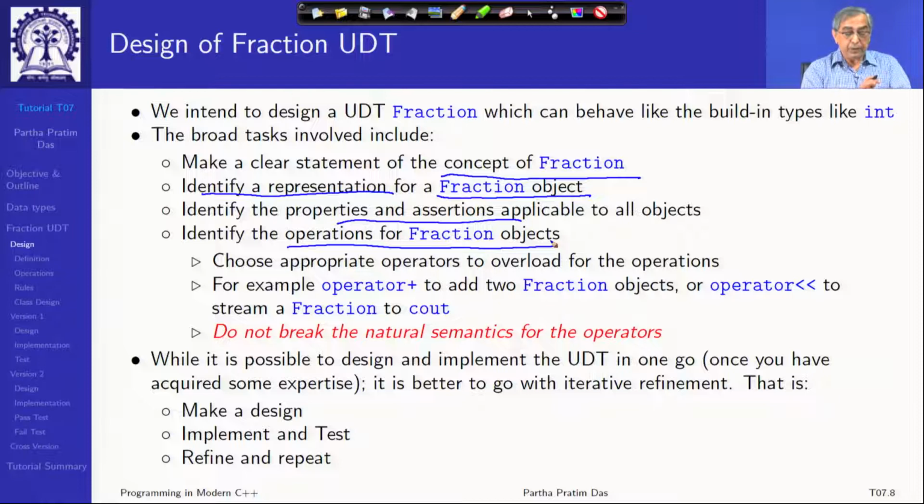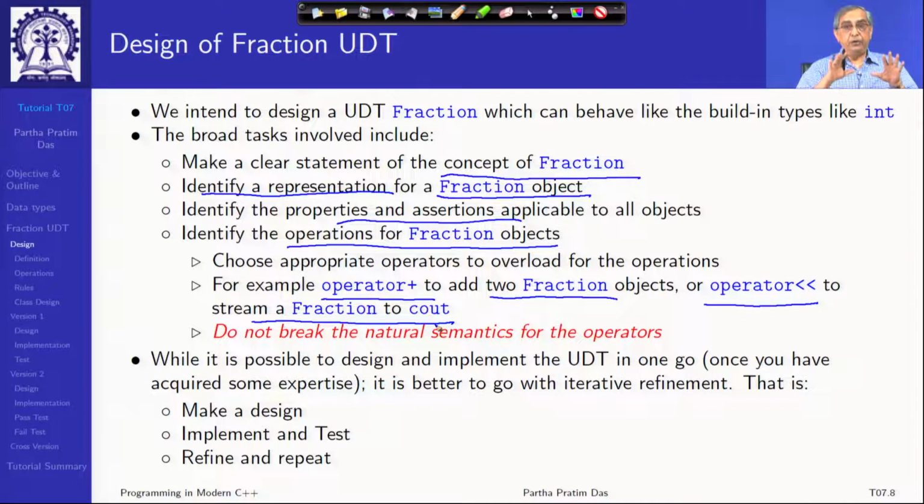Once we do that, then we will be able to go towards the design of a fraction UDT. Now, obviously, for the operations, you have to choose the appropriate operators to overload. You could just use member functions for doing different operations, but we will see why having overloaded operators will really help. And when you make such a choice, you have to be careful. For example, you could choose operator plus to add two fractions, or operator output streaming to stream a fraction object to cout.